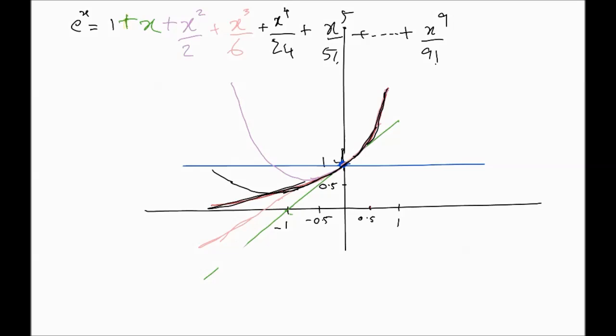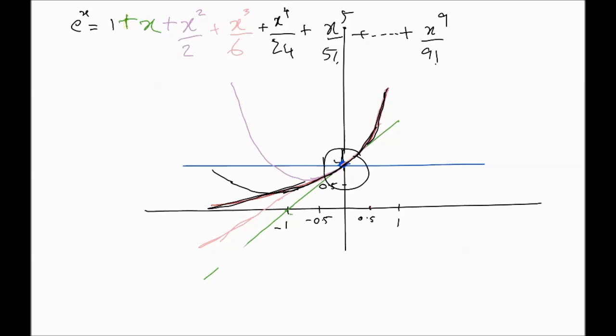Remember, it's an approximation. So as you take more and more terms, the approximation becomes better. But one thing to keep in mind is that this point here is very important, because this particular Taylor series is about c equals 0, or x equals 0 rather.